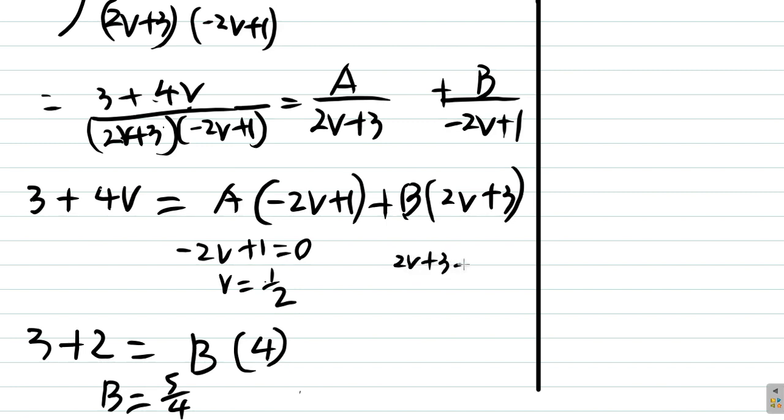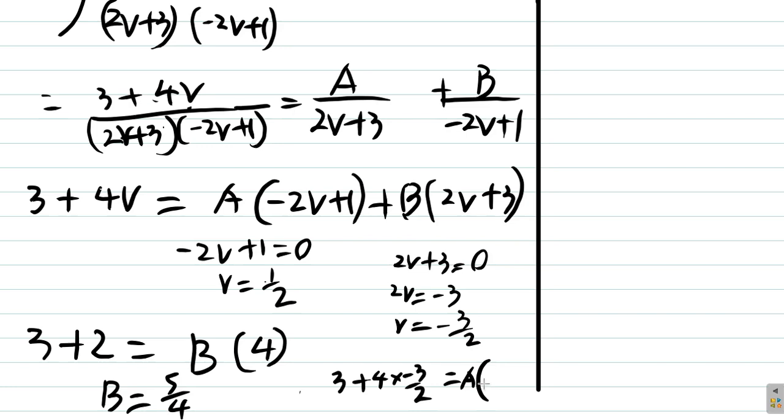2V plus 3 would have to be 0. So 2V is negative 3, so V would be negative 3 over 2. Let's make V negative 3 over 2. 3 plus 4 times negative 3 over 2 equals A times negative 2 times negative 3 over 2 plus 1.